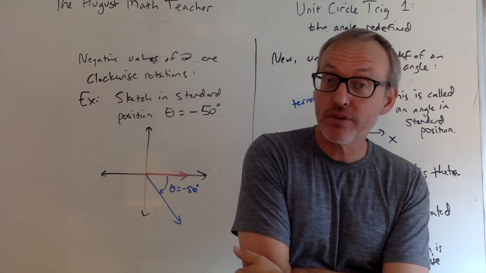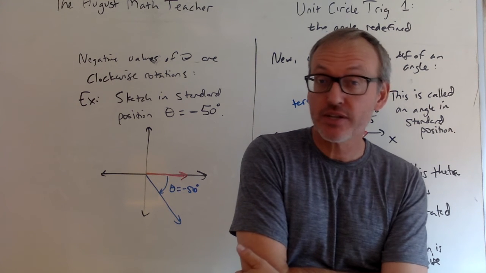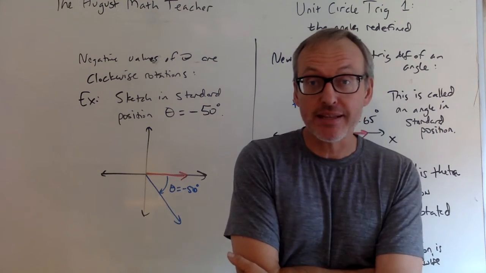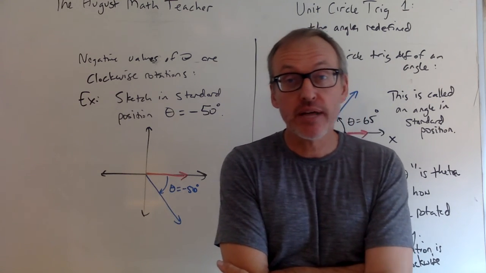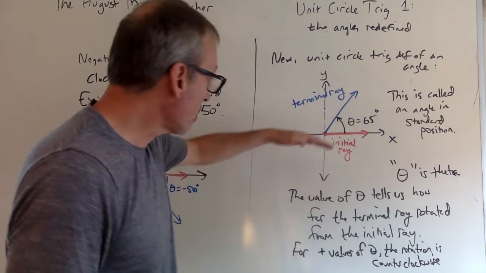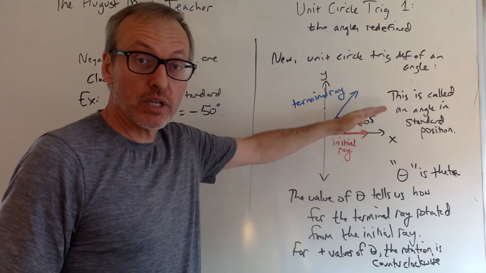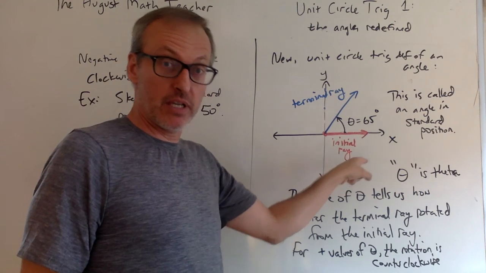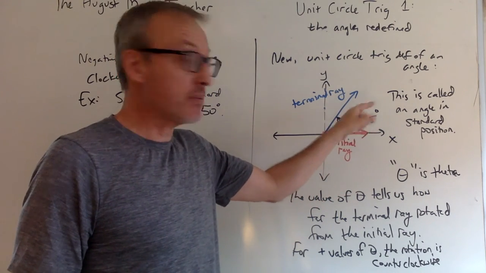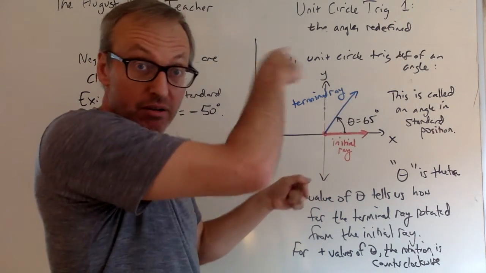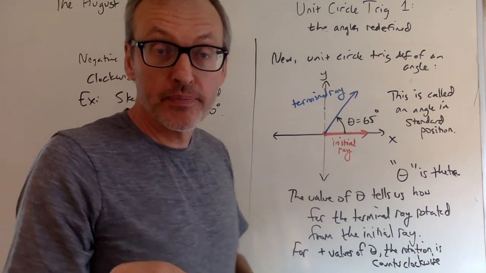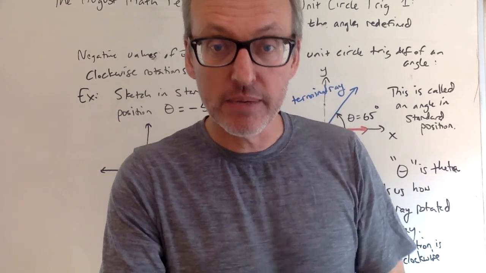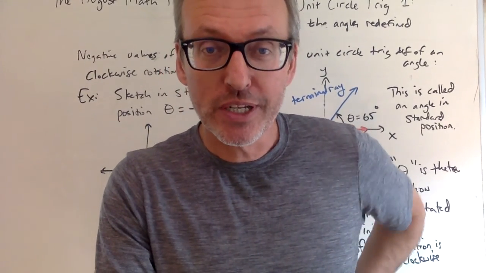If I said something bigger than 360, if I said sketch an angle that's 390 degrees, it used to not make any sense, but now it does. 390 degrees would just mean start on the initial ray, go counterclockwise, 90, 180, 270, 360, another 30 would be 390. And you'd make an arrow going all the way around. I'll do some more of this in the next video, but this is a crucial idea, and make sure that you start to fold it into your own understanding.